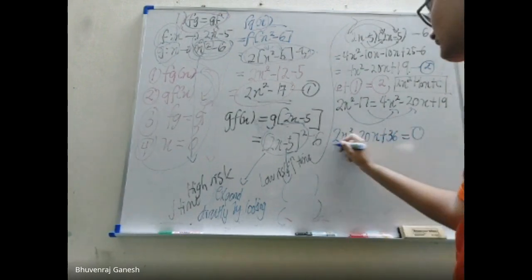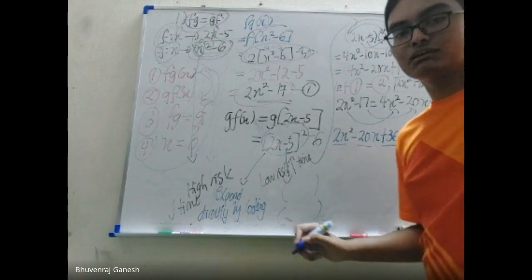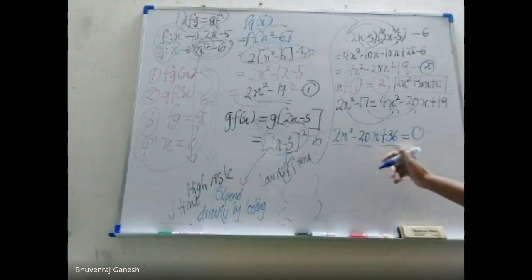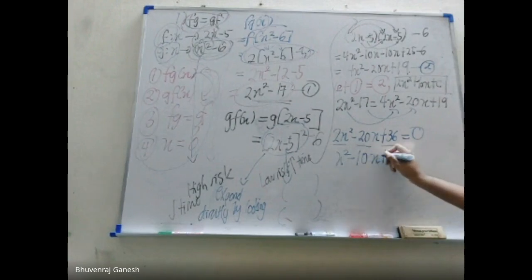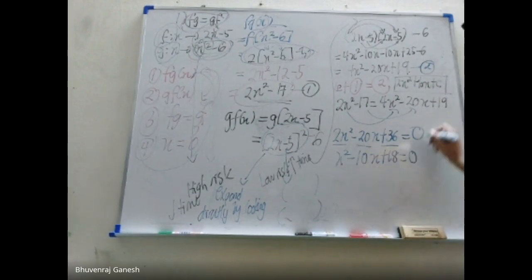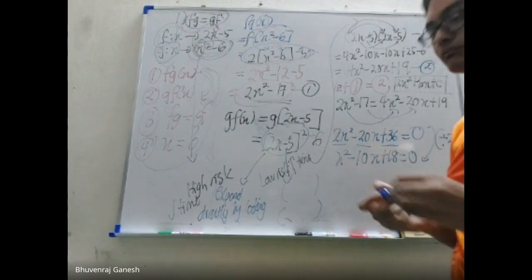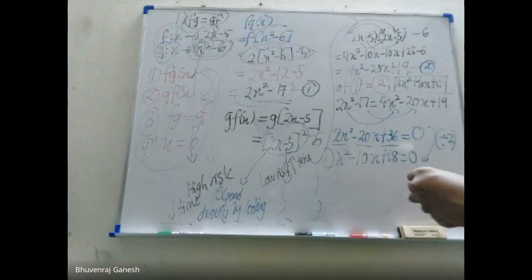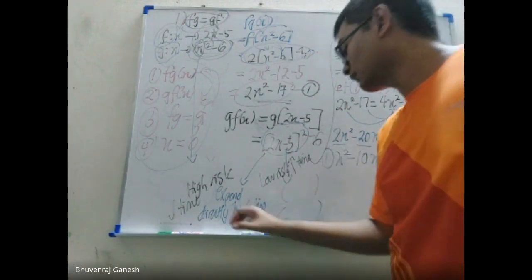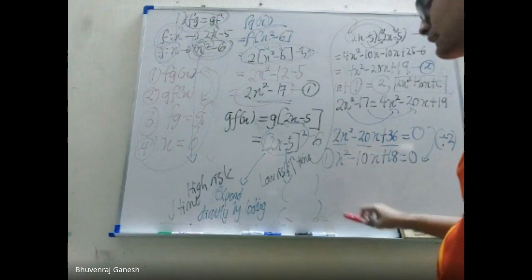From here, you can proceed with your quadratic formula, or you can simplify it. How I get from this to this is I divide the whole equation by 2, so that I can make my x squared coefficient just 1. And it's much easier to use the quadratic formula so that the numbers don't get too complex.